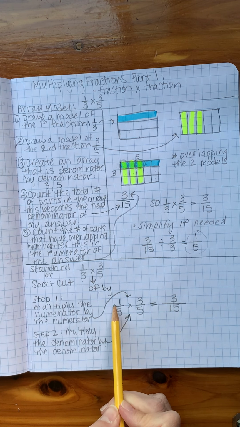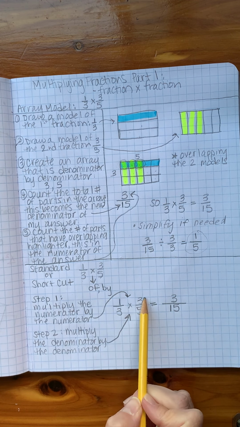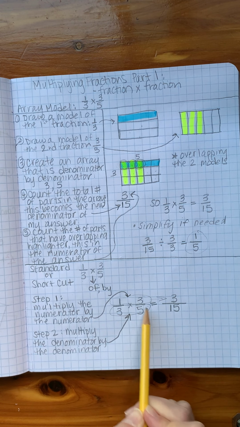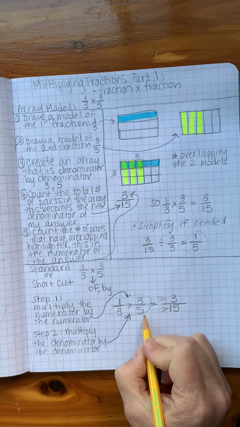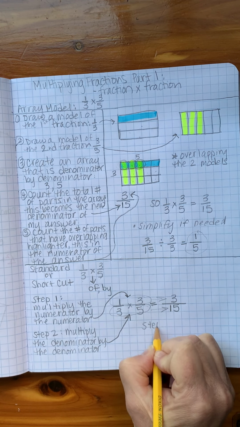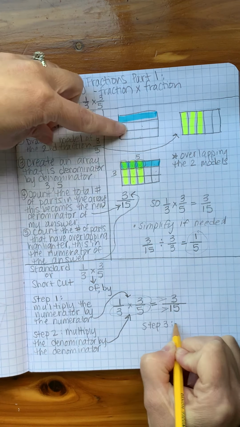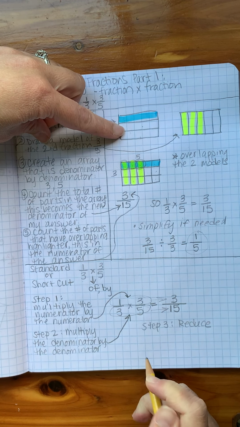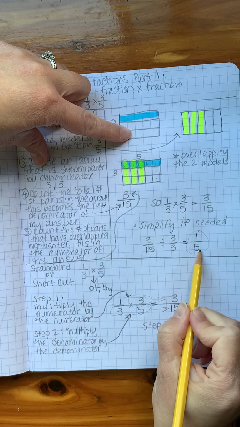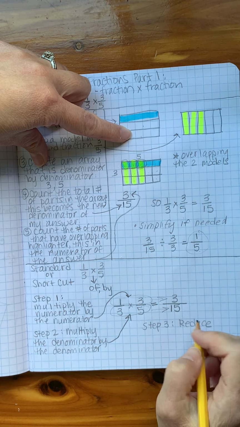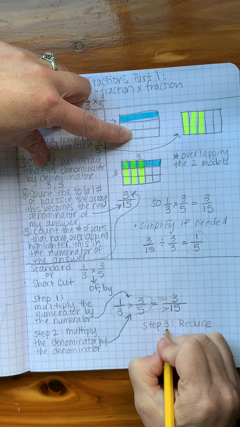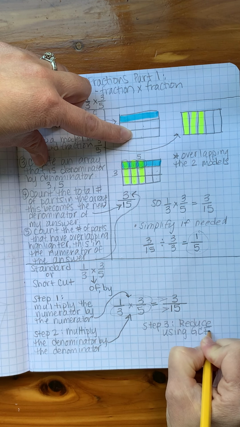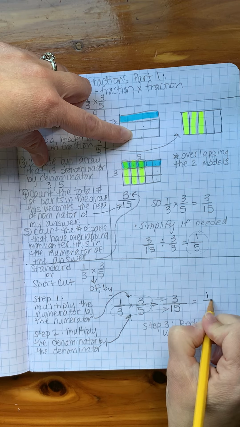So we just multiplied straight across to get to that, and we multiplied straight across to get to that. And then step 3, reduce. We already know up here that we reduced by using the greatest common factor. I'll even say reduce using GCF, and that is going to equal 1/5.